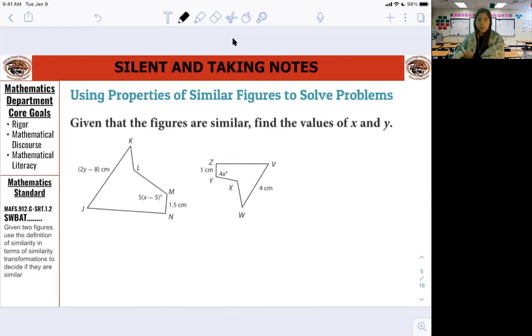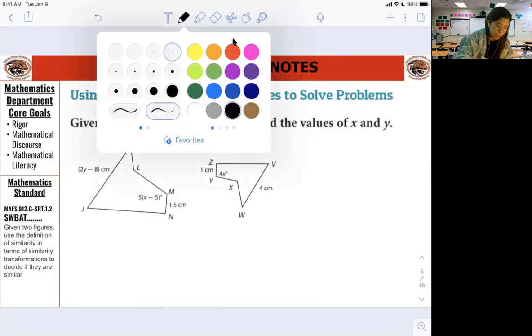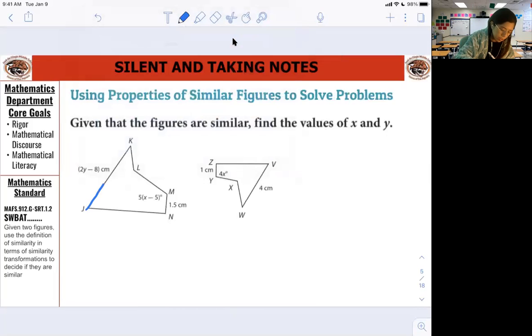First, let's figure out the corresponding sides. Who is the corresponding side for JK? VW. How about KL?